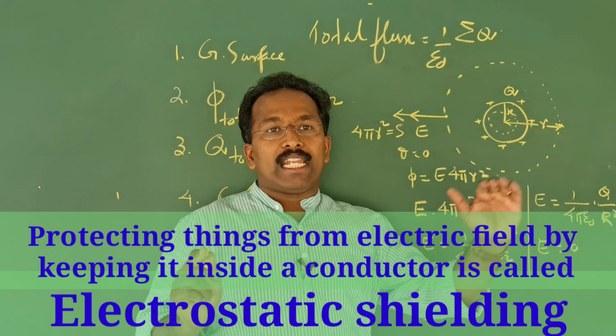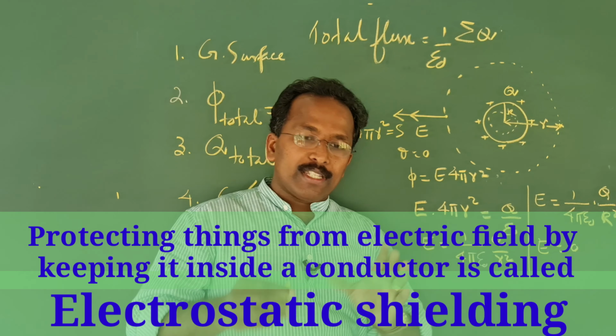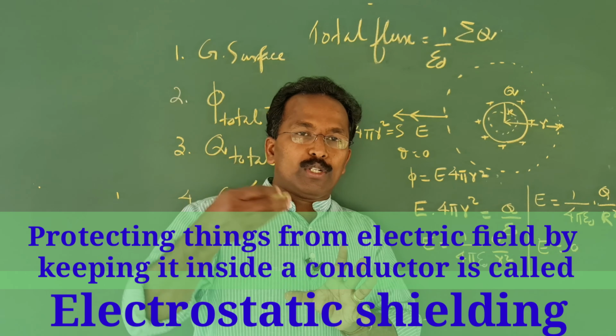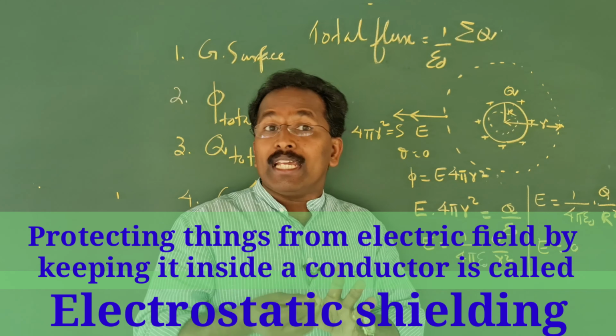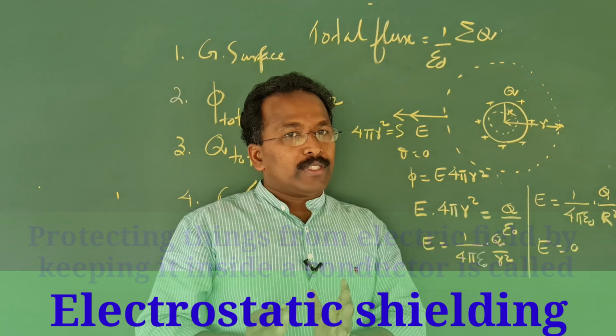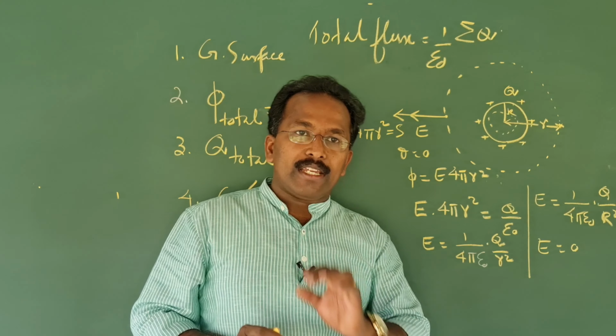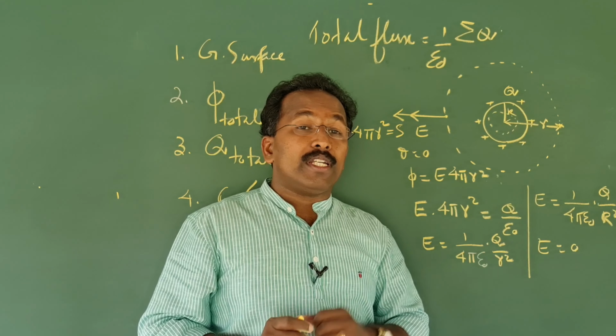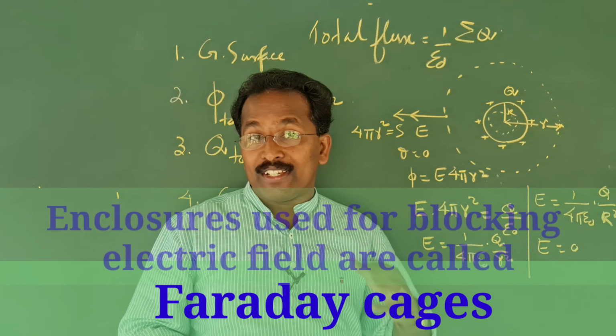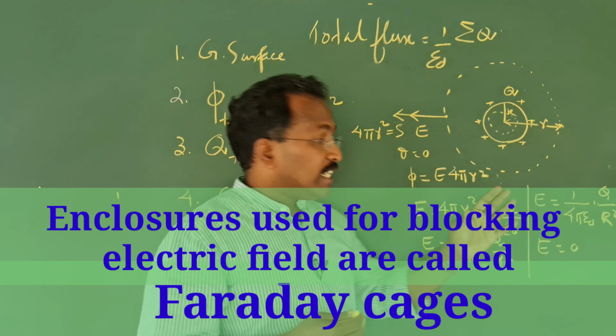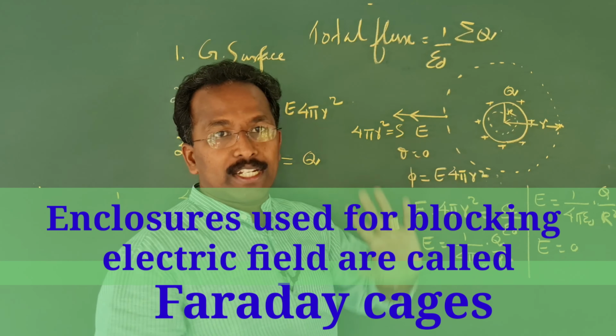You are shielding the electric field from its effects by keeping whatever you want to protect inside a conducting enclosure. So that is electrostatic shielding, and such enclosures are called Faraday cages. That is for protecting something from electric field.